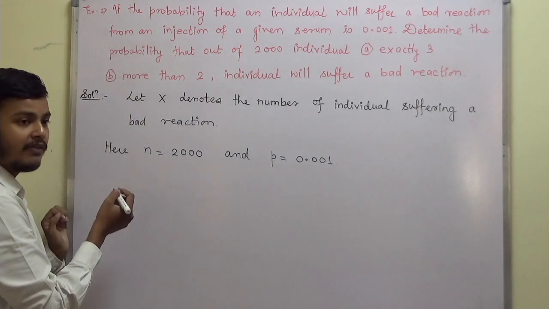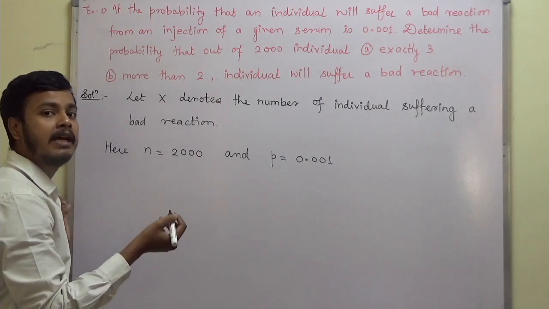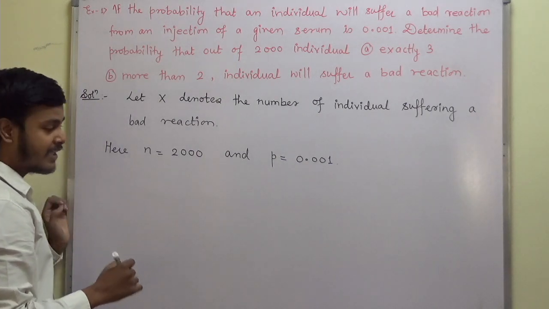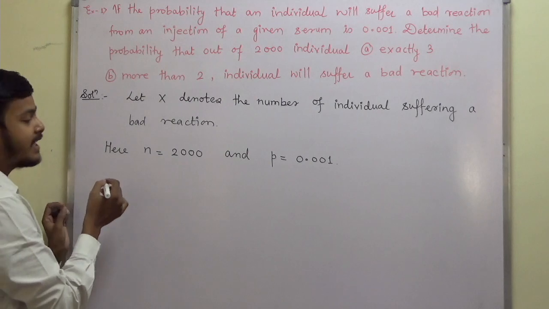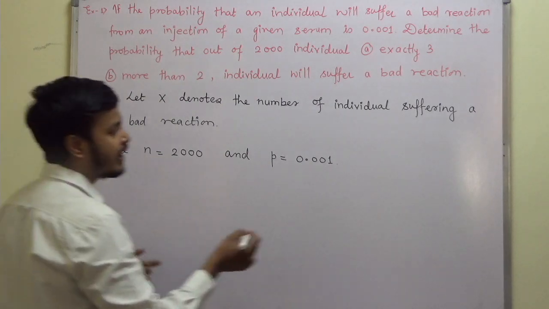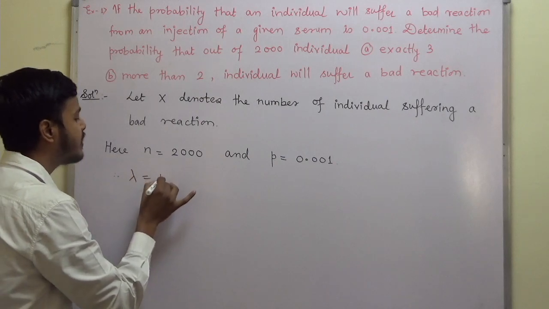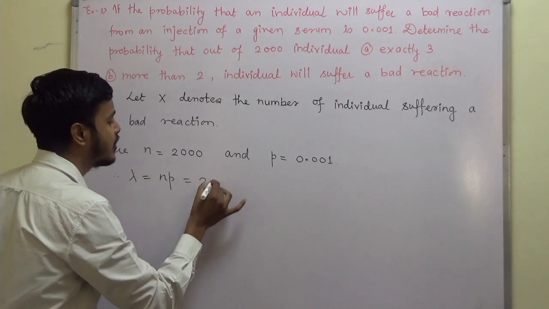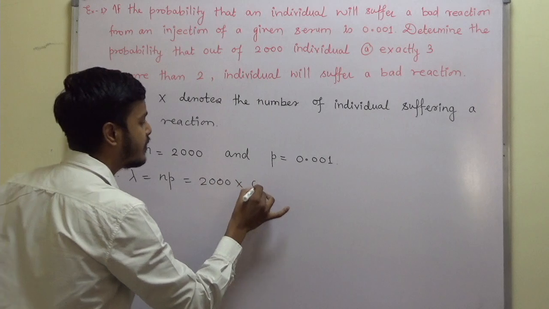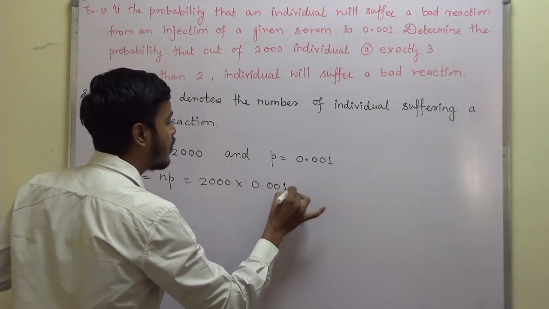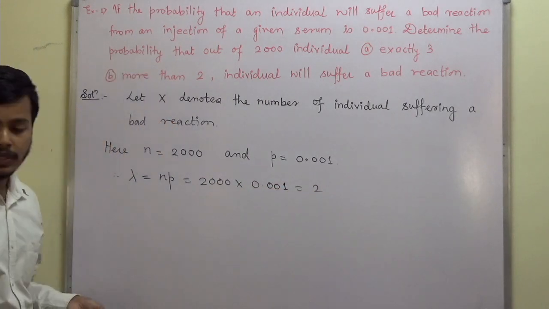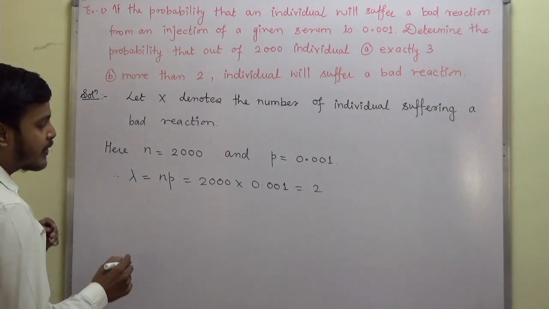But first of all, we should recollect what is the probability function in the Poisson distribution. If you want, you can find out lambda here. The parameter lambda is equal to np, which is 2000 into 0.001, which is equal to 2. So we have lambda to be 2.